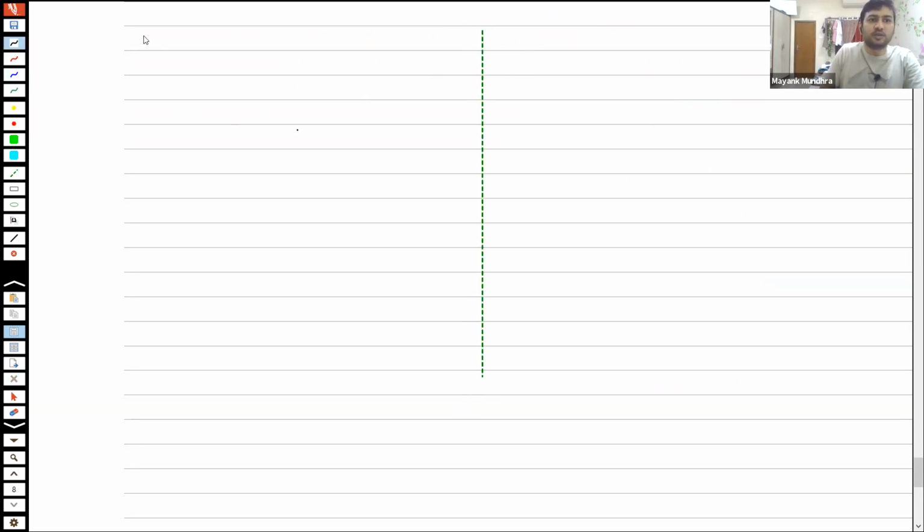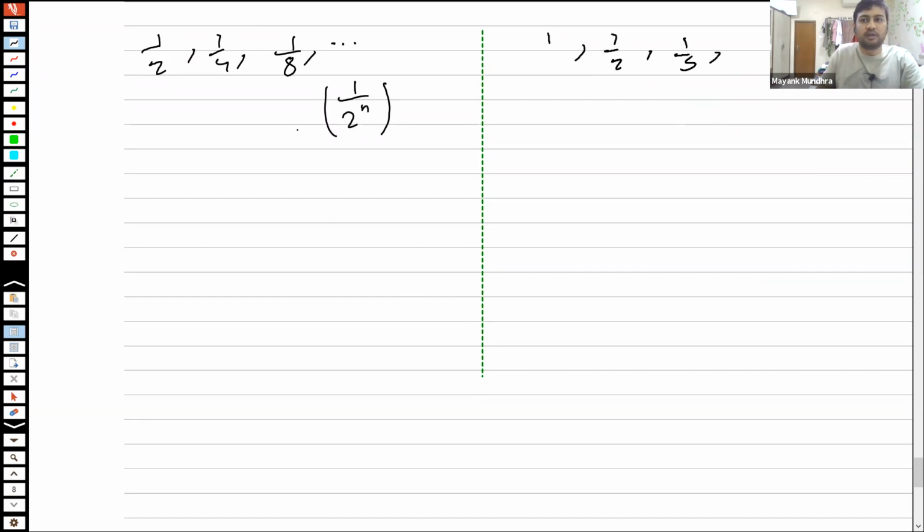So consider two sequences. One is 1 by 2, 1 by 4, 1 by 8, and so on. This sequence is basically 1 by 2 to power n. And another sequence is 1, 1 by 2, 1 by 3, 1 by 4, which is basically 1 by n.